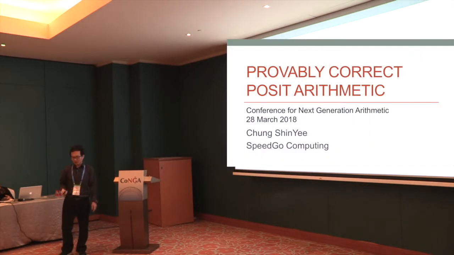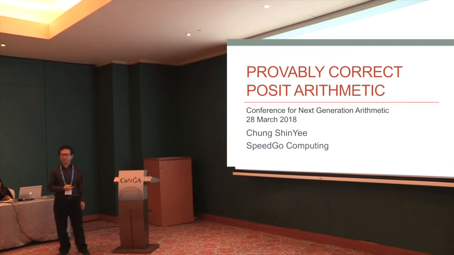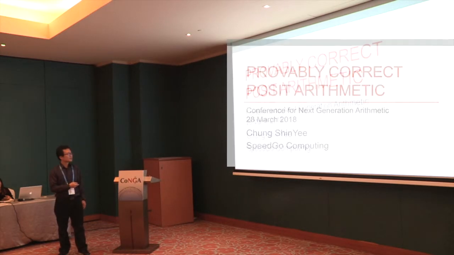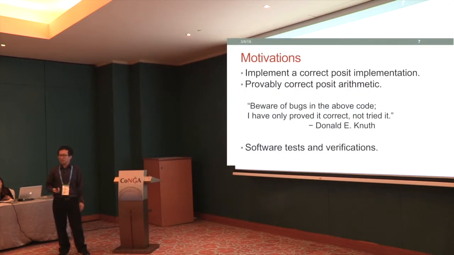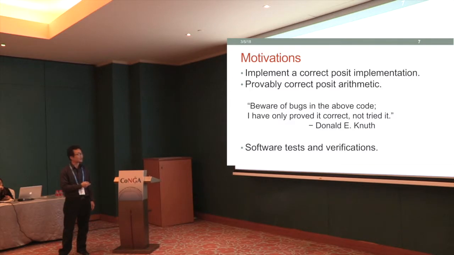So instead, I was motivated to work on this current work, the provably correct Posit arithmetic. I was motivated to implement a correct Posit implementation that is based on provably correct Posit arithmetic. Professor Donald Knuth is a person who can prove on paper that an algorithm is correct or efficient, and nobody will question.